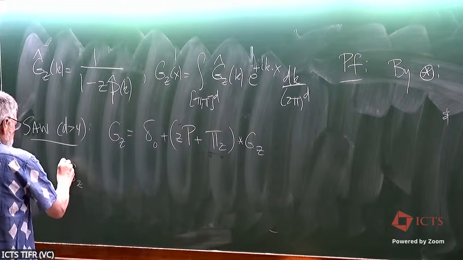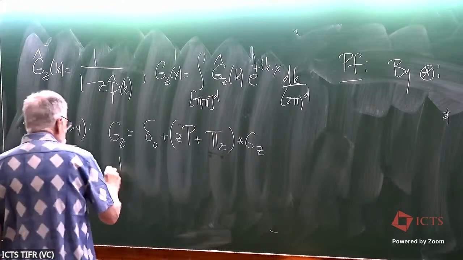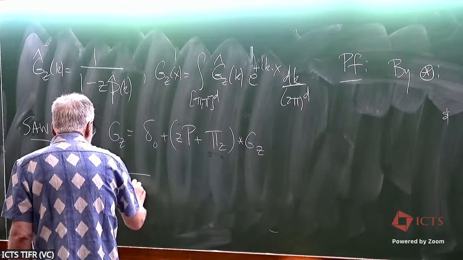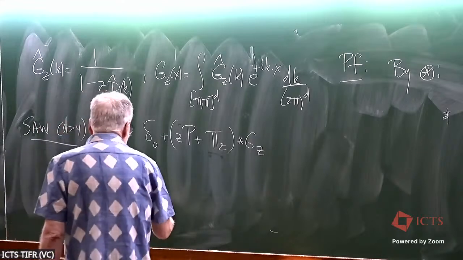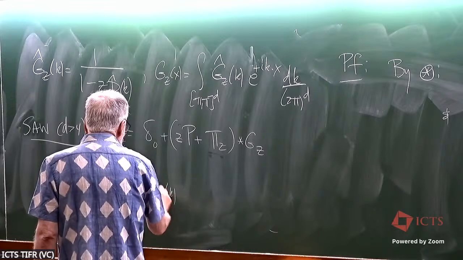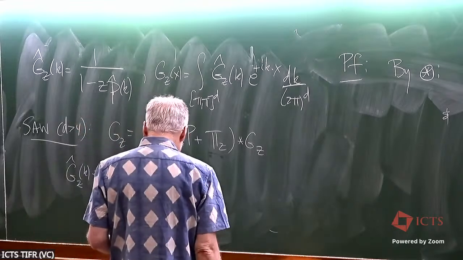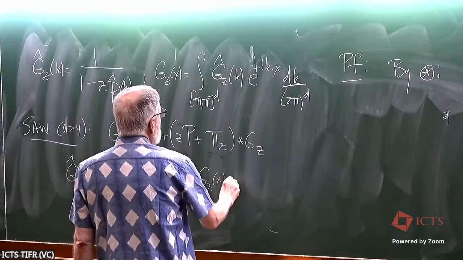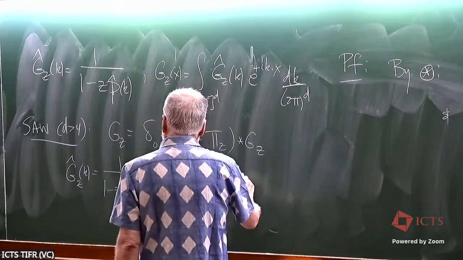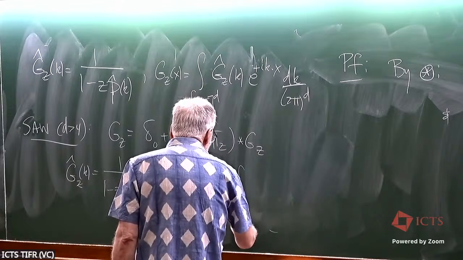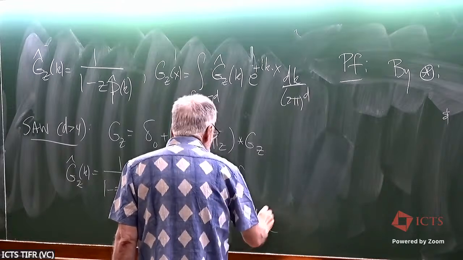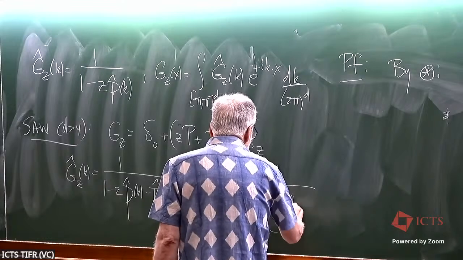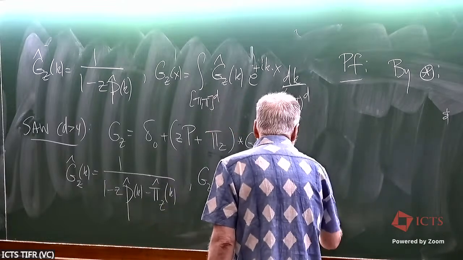And this time Gz of k, I'm repeating myself here, but maybe the 2d factor is a little bit different, so it's worth writing it down. And Gz of x is equal to the integral over minus pi to pi to the d, writing out explicitly what the denominator is, what I called f before.